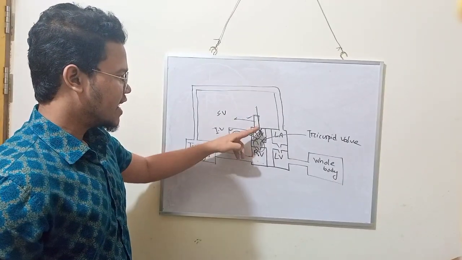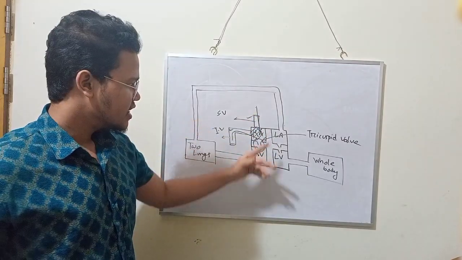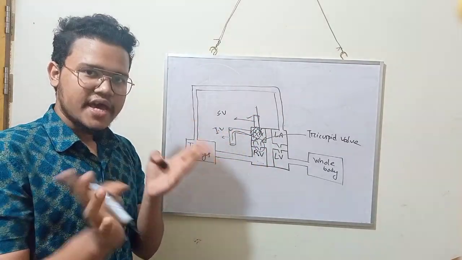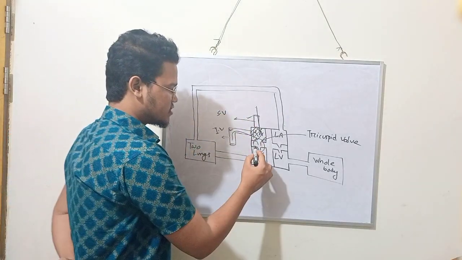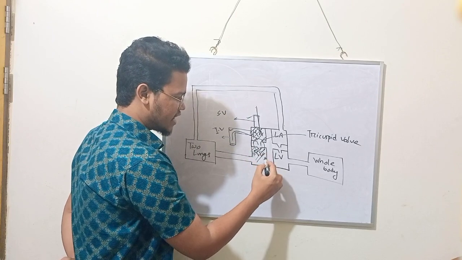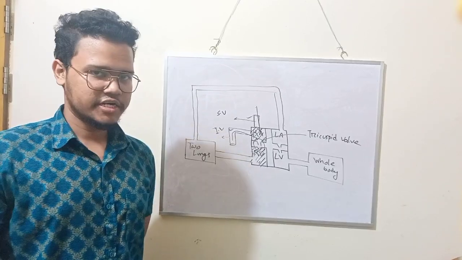Okay, now the pressure inside the right atrium is increased, the tricuspid valve opens, and the blood from the right atrium now enters the right ventricle. So at this time our right ventricle is filled up with blood.